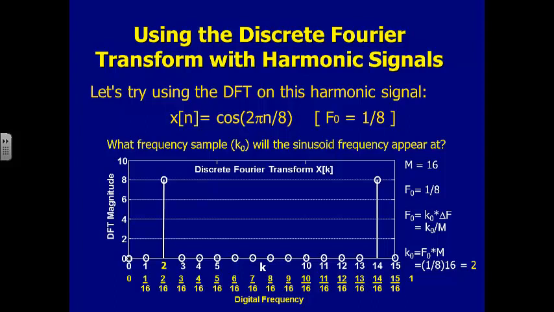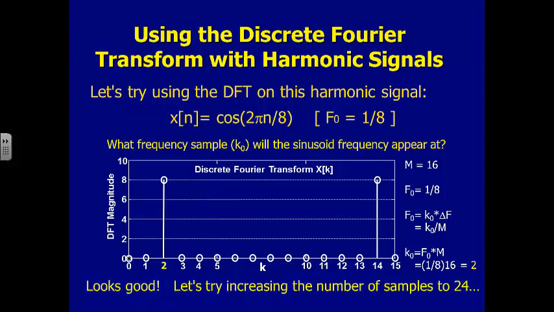What else? Well, this is actually a good news story. We took a transform of this, we got the spectrum that we expected, everything looks great. If we were foolish enough to say, I can do better than this, let's get better resolution, let's use not 16, I don't know, let's try 24 samples. That sounds good.